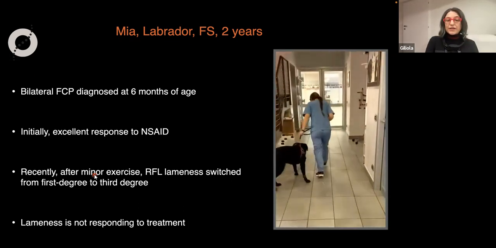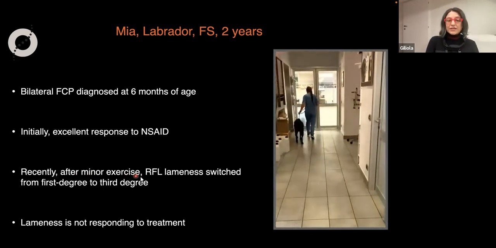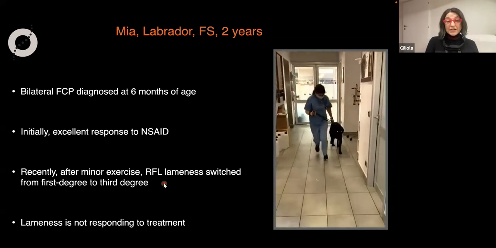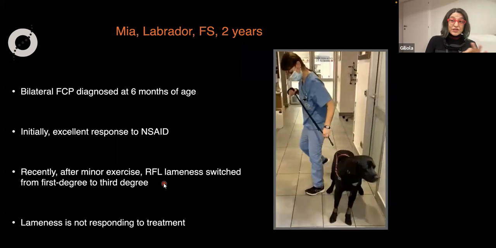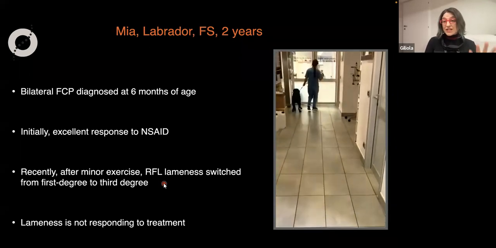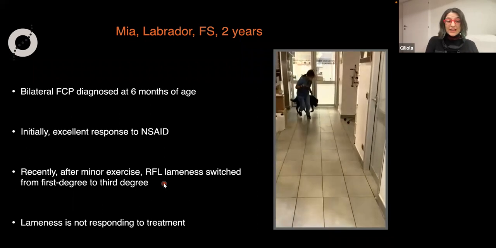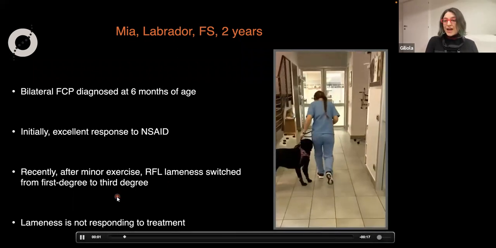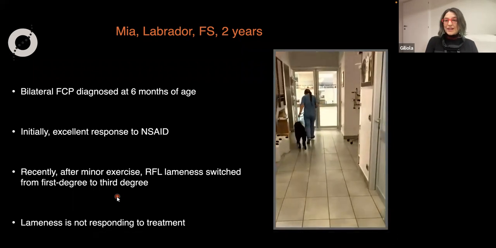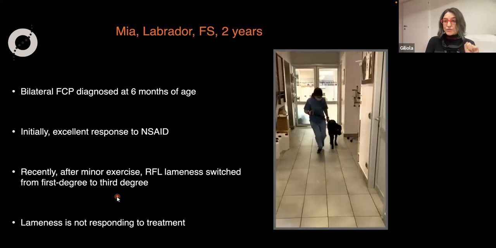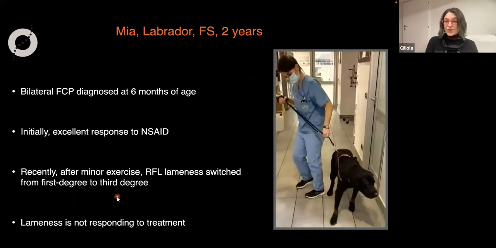But recently, after a minor exercise, she had a severe right front lameness. It was usually a 1st degree lameness. Now she's a 3rd degree. She doesn't want to use this leg, and she's not responding to any treatment. These are my patients. This is where ultrasound can help us define what is going on.